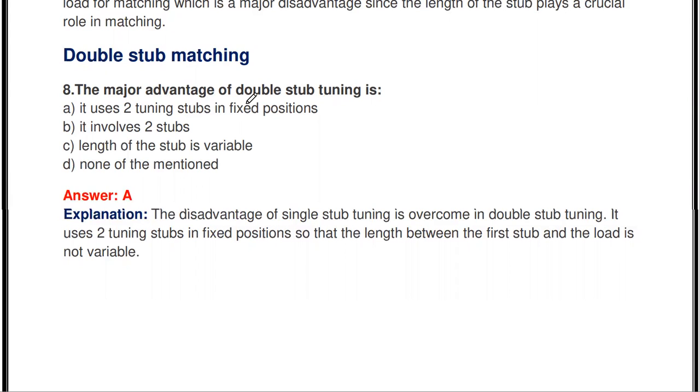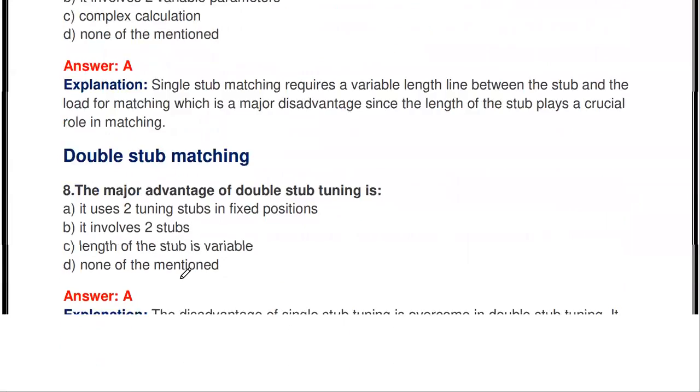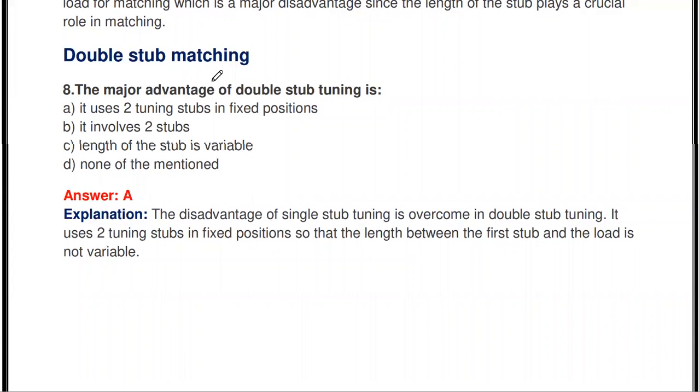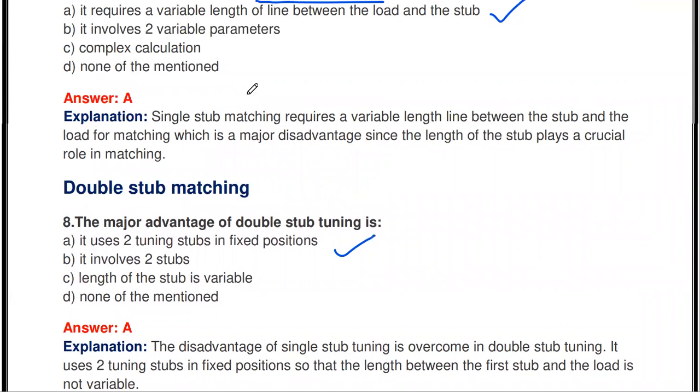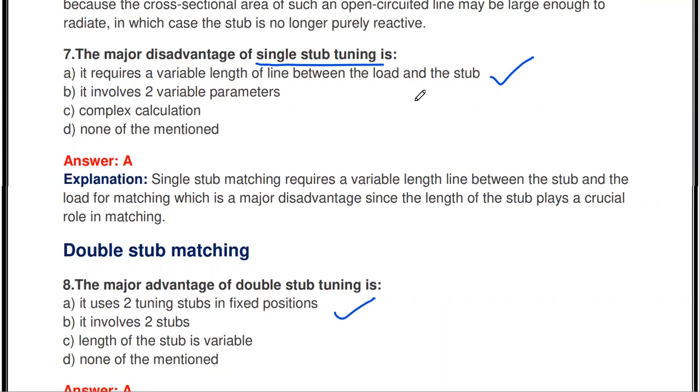The major advantage of double stub tuning is dash. In order to overcome the disadvantage of single stub matching, we move to double stub matching. The advantage is that it uses two tuning stubs in fixed position. In single stub matching, we require a variable length of line between the load and stub, and that is a major disadvantage.